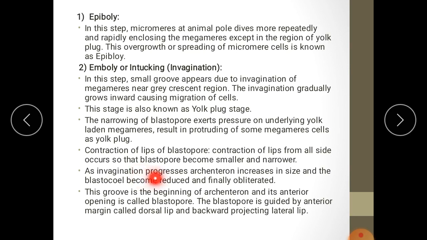As the invagination process progresses, archenteron increases in size and the blastocoel becomes reduced and finally obliterated. This groove is the beginning of archenteron, and its opening is called the blastopore. The blastopore is bounded by an anterior margin called the dorsal lip and backward projecting lateral lips.